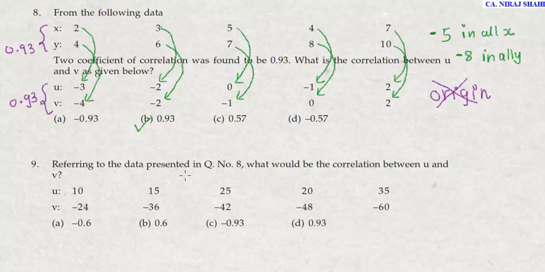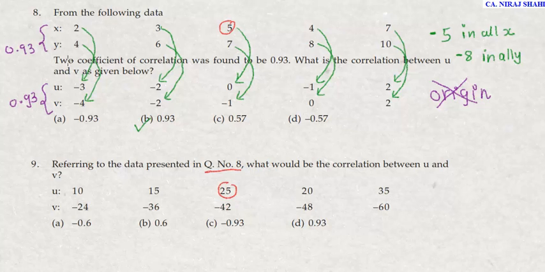Referring to the data presented in the previous question, what could be the correlation between u and v? Again, let me check what they have done to transform x into u. Here it is 2, here it is 10, so we can say all the x's have been multiplied by 5. 2 into 5 is 10, 3 into 5 is 15, 5 into 5 is 25, 4 into 5 is 20, 7 into 5 is 35.